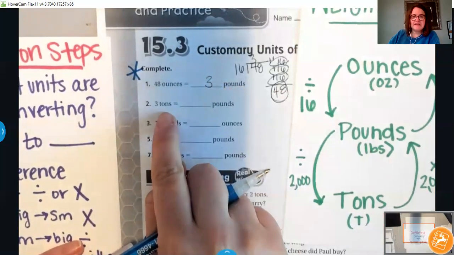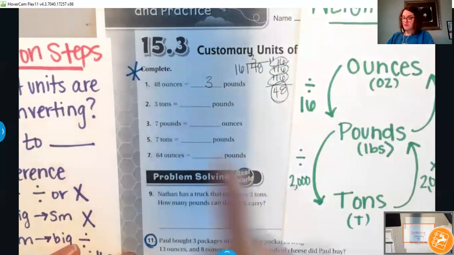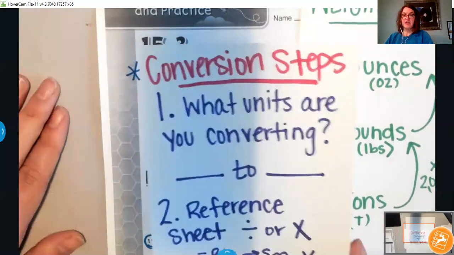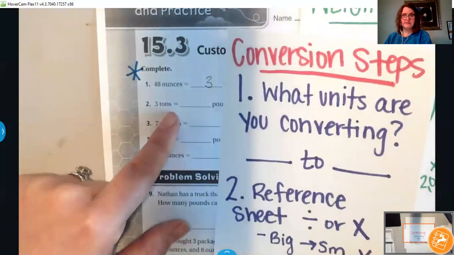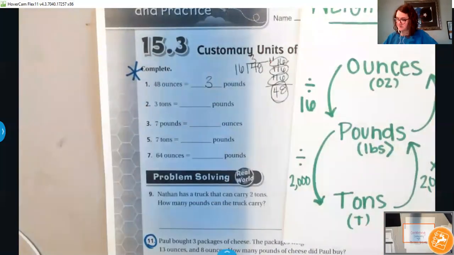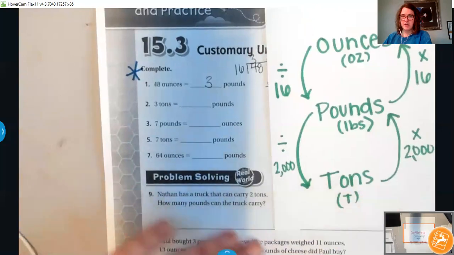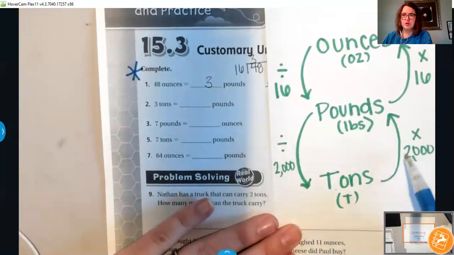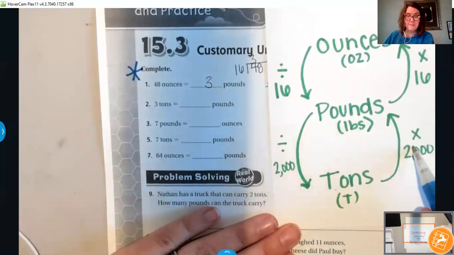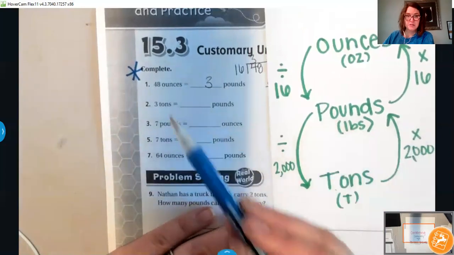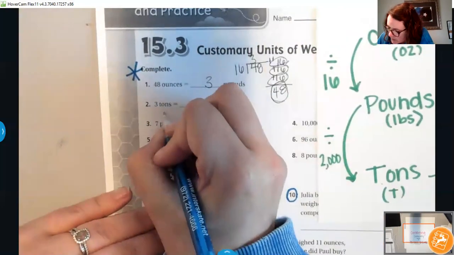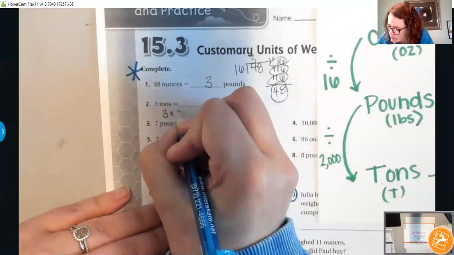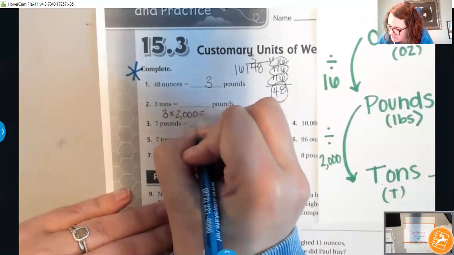Let's look at tons to pounds now. Once again, we're going to look at what units we are converting. So I've got tons to pounds. I'm going to go look, tons to pounds, and it says that we are multiplying by 2,000. So 3 tons times 2,000.